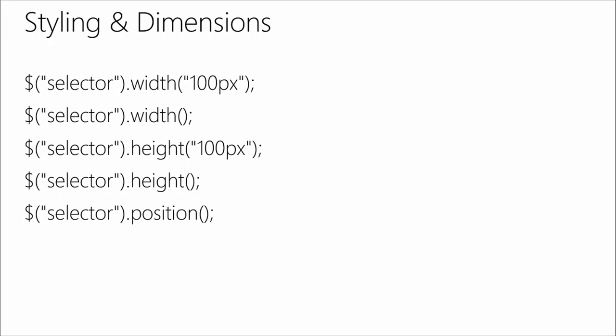And you can either set or get the width and height by calling the width or height methods, and then either passing in pixels what you want, or just calling the method without arguments to get the width or height as well as the position. So they're just basics that you could use to get those. Most likely they're going to be set up already, but if you need to manipulate some elements on the fly, add some things or move things around in a responsive design, you can do that, and that's fine. That'll work that way.